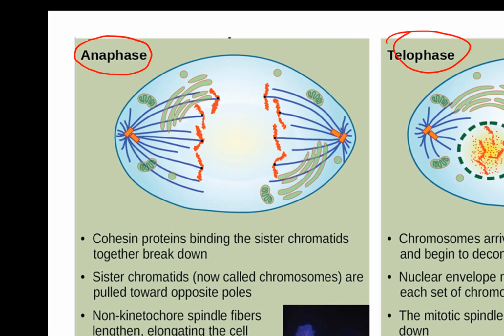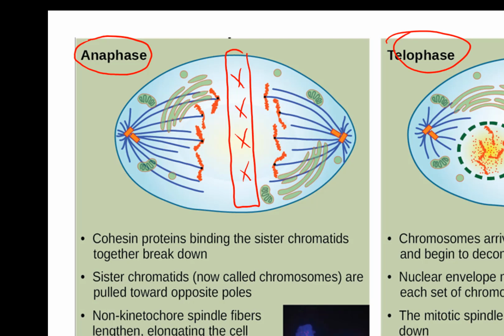Now let's look at what's happening here. Now we are into anaphase. What we saw earlier was the alignment on the metaphase plate right here. The chromosomes were all aligned here. And then what we see now is that those two sister chromatids that were held together right at the centromere are now being detached.